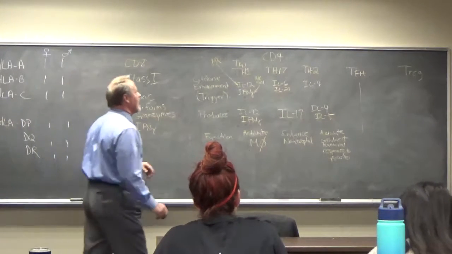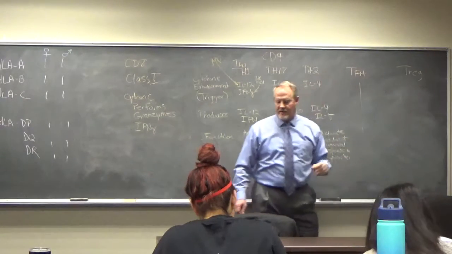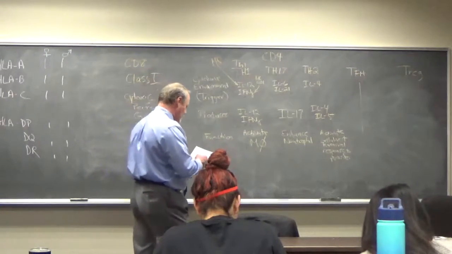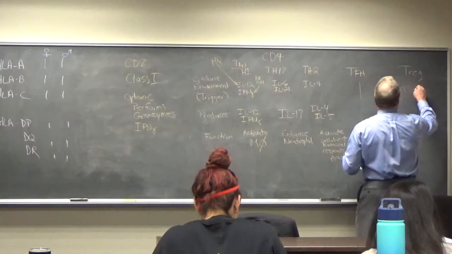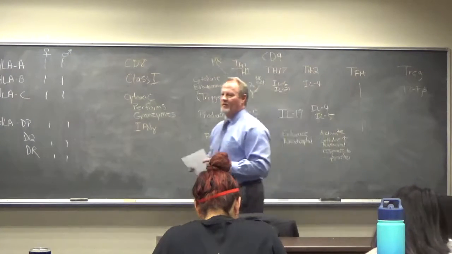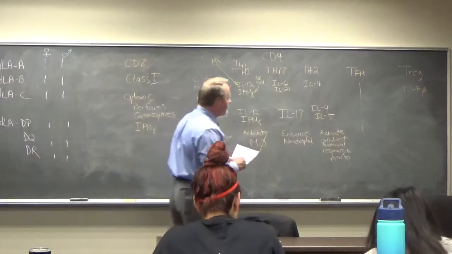What we've come to find out is that there are certain kinds of CD4 T cells called Treg cells, and they really come about in the thymus, but they can be produced outside the thymus if you have enough TGF-beta around.